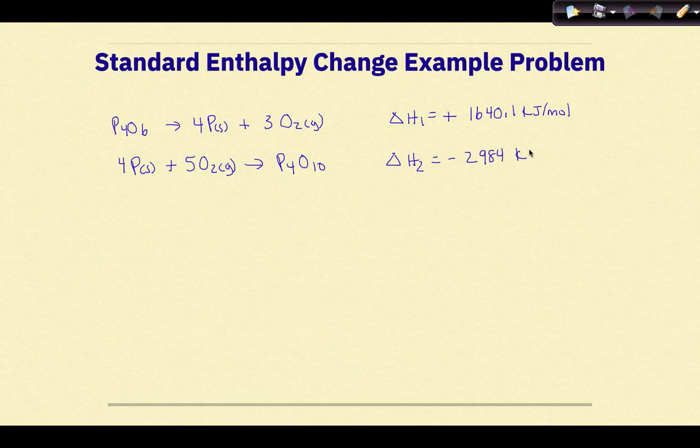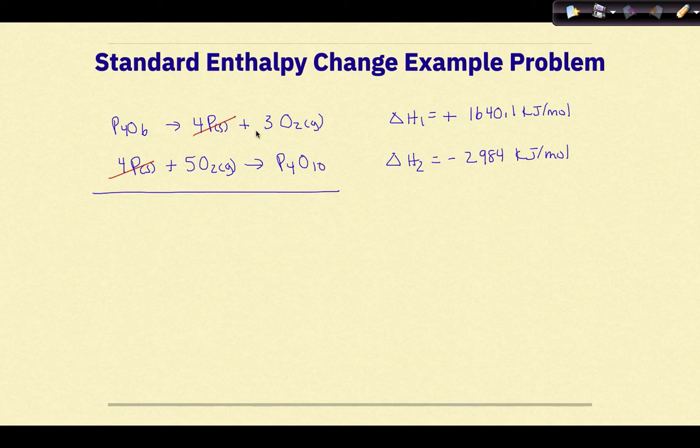2,984 kilojoules per mole. Now I want to combine these two equations together to get my original equation that I had at the top of my previous page. So what can cancel here? Well, the 4 moles of phosphorus cancels with 4 moles of phosphorus. I have 3 moles of oxygen gas as a product and 5 moles of oxygen gas as a reactant.